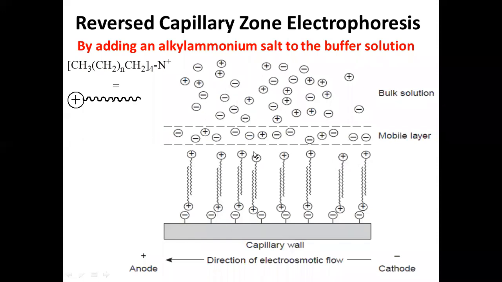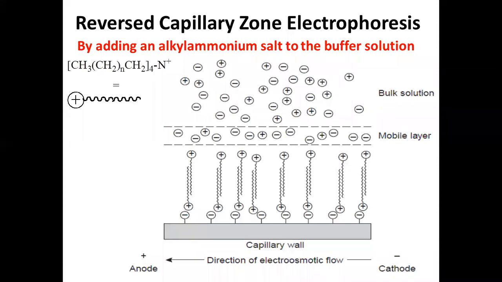The heads of these alkyl ammonium compounds are present in excess. So now these positively charged heads will attract negatively charged species from the mobile layer. Therefore, the movement of the negatively charged species will become greater than the movement of the positively charged species, while in conventional capillary electrophoretic separation the movement of the positively charged species was greater.